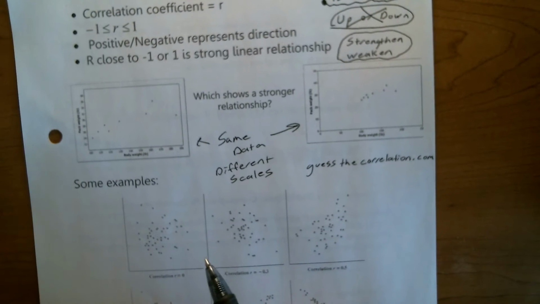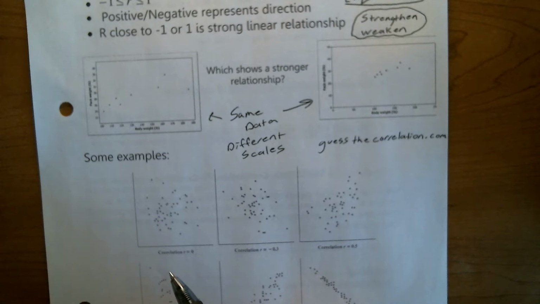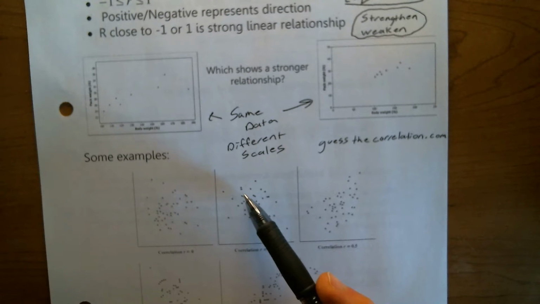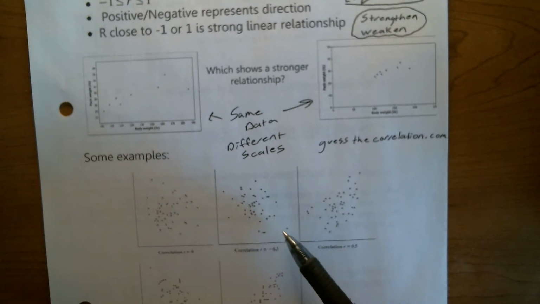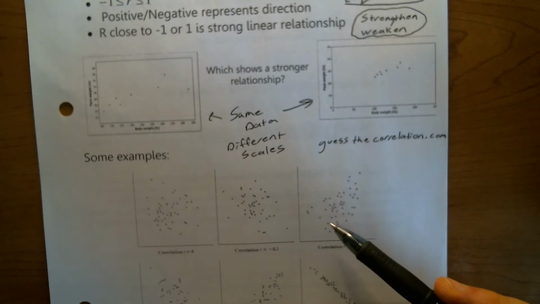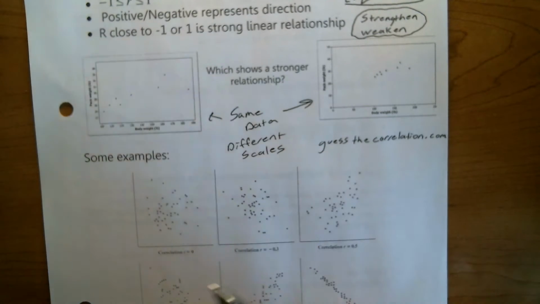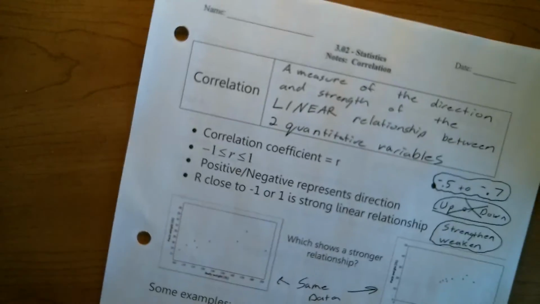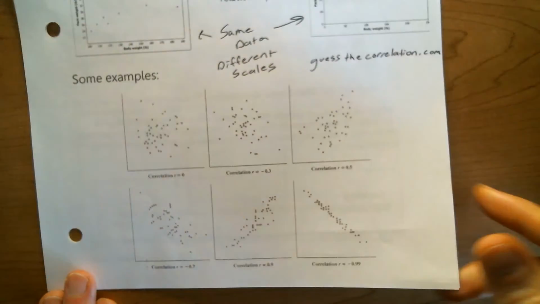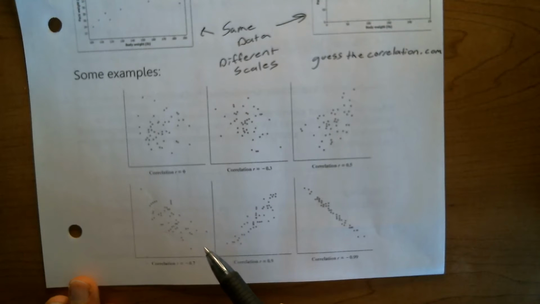Now, with that said, here's a few examples just so you can get sort of a frame of reference. All right, this one would be about a correlation of 0. There's not really any direction. This one, we can start to see the general pattern here sloping down to the right. So that's got a correlation of -0.3. Here we have a much stronger pattern going up to the right, so this would be a positive 0.5. It's getting stronger still as we go down here, so this is -0.7.